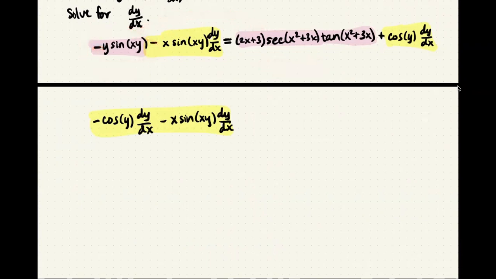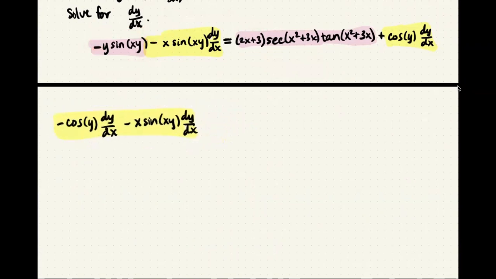So on the right, I'll have y sine xy, because I just added that over, and then plus all this other stuff that I already had over there, squared plus 3x. Okay. And so these were all the things I had highlighted in pink.